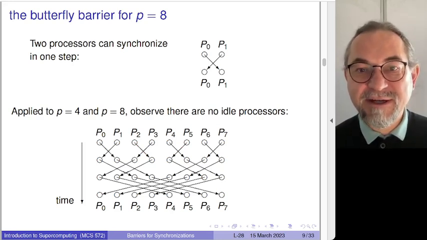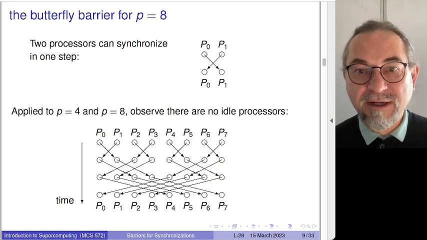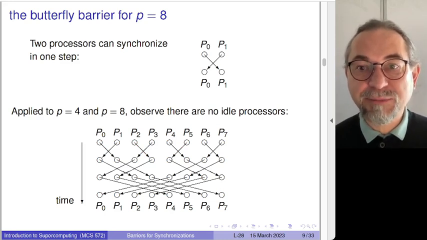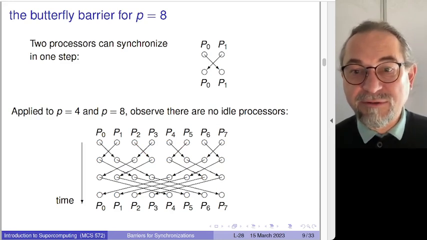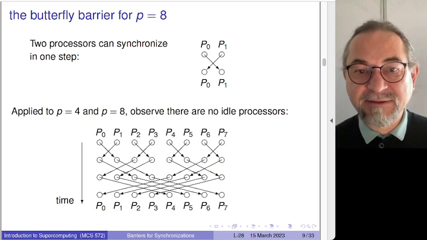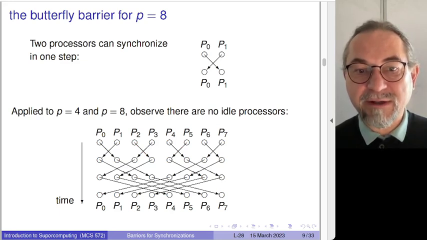Here you see the step of 2 people who synchronize, that just send and receive a message at the same time. So we can synchronize in 1 step between 2. That's the base case in this recursive thinking. We synchronize all the pairs of processors, and then the pairs are synchronizing among themselves. If you want to synchronize 2 pairs, then it suffices that one of these 2 pairs synchronizes with the other corresponding processor in the other pair.